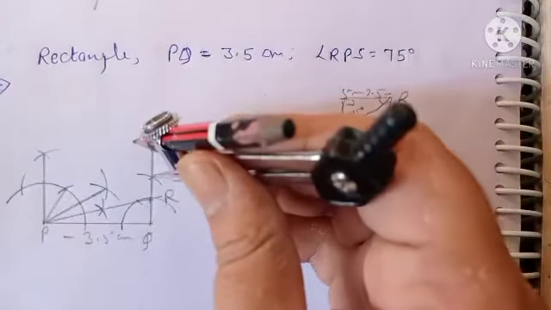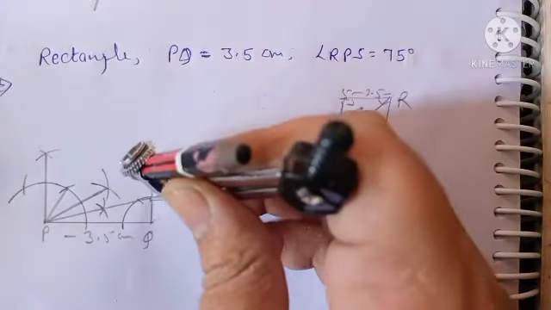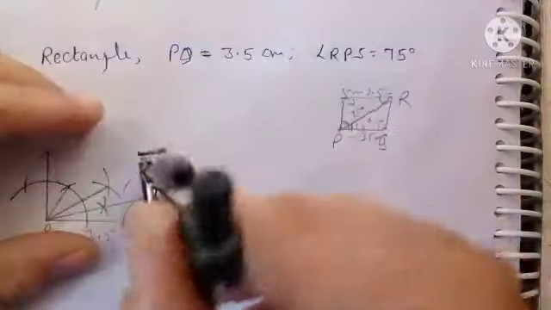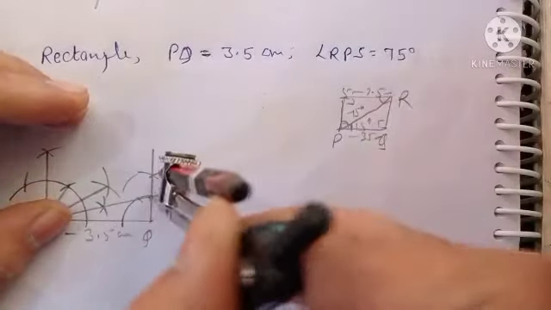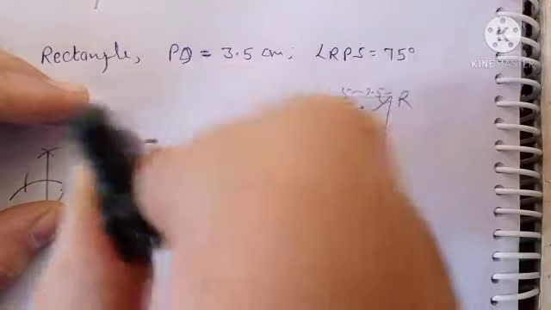Okay, and now we will make a 90 degree angle at R. So we can take from here.